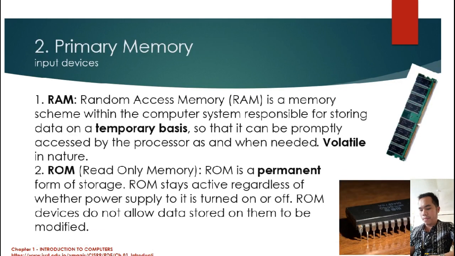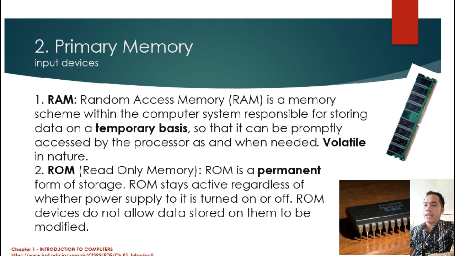These are the primary memory. We have RAM and ROM. When we say RAM, random access memory yung meaning niya. This memory is a scheme within a computer system responsible for storing data but on a temporary basis. Temporary lang siya. So, it can be promptly accessed by the processor as when needed. Volatile in nature.